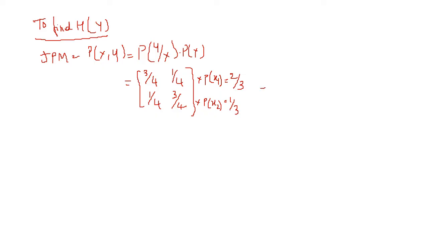So after multiplication, we are going to get a matrix. We'll just multiply 3 by 4 into 2 by 3. The respective value will be 1 by 2. Second row, second element, you are going to get 1 by 4 into 2 by 3, will get it as 1 by 6. Then similarly, the next element 1 by 4 into 1 by 3, you are going to get it as 1 by 12. 3 by 4 into 1 by 3, you are going to get it as 1 by 4.